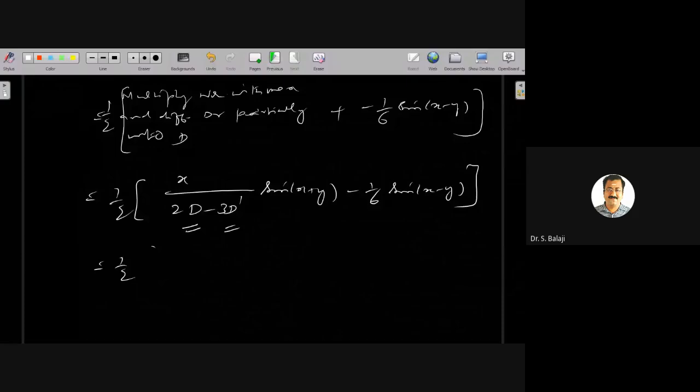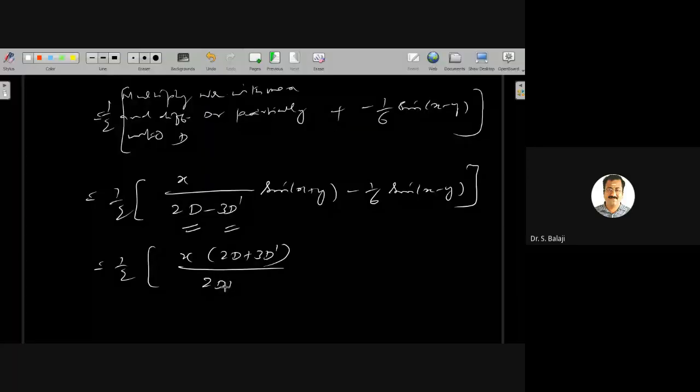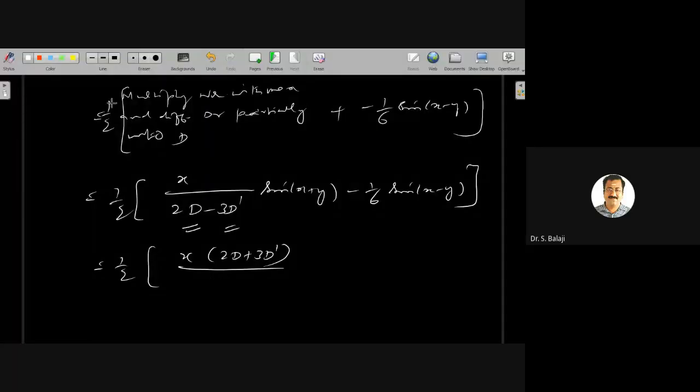Here x into 2d plus 3d dash, whole divided by 2d minus 3d dash. Multiply by the conjugate, 2d plus 3d dash, and keep this one as it is, and here minus 1 by 6 of sine of x minus y as it is.